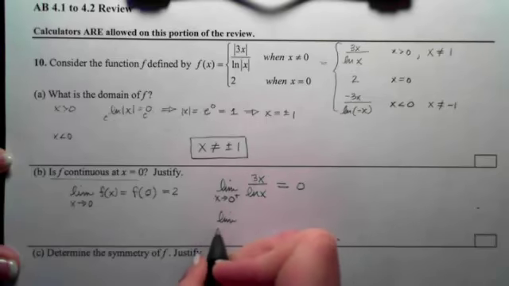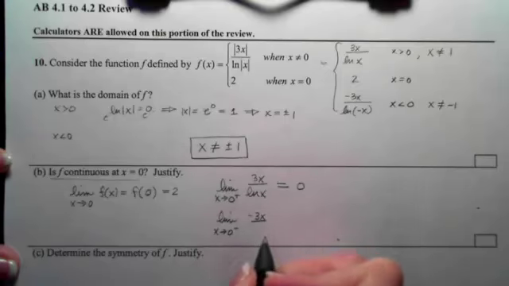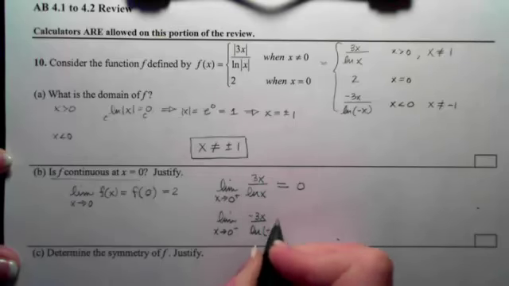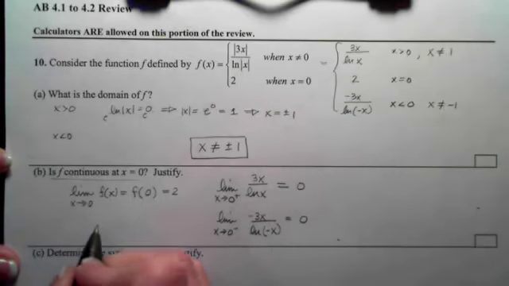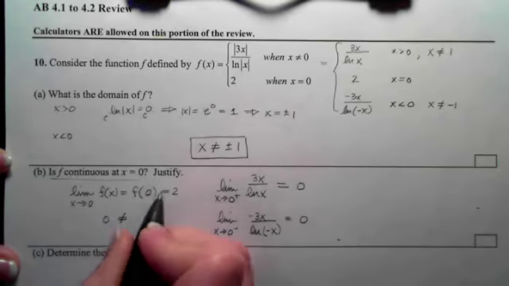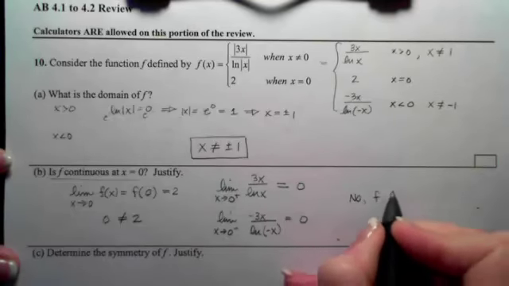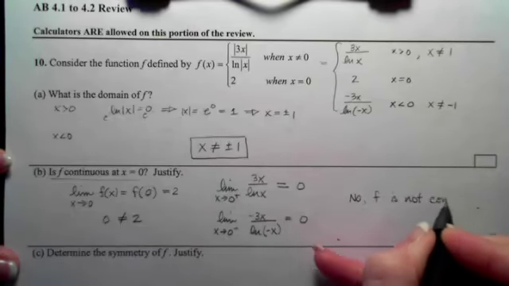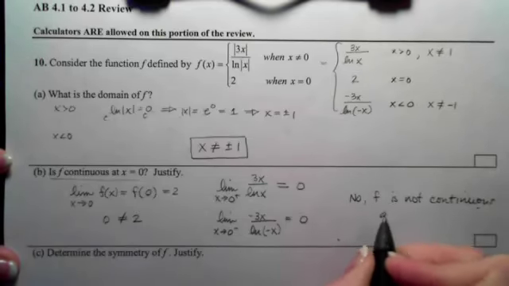Doing the same thing from the other side, approaching 0 from the left, I'm still going to get a 0 on the top divided by a very, very large magnitude negative number. So that also will be 0. So my limit, which was 0, does not equal the output, which is 2. So no, f is not continuous at x equals 0.